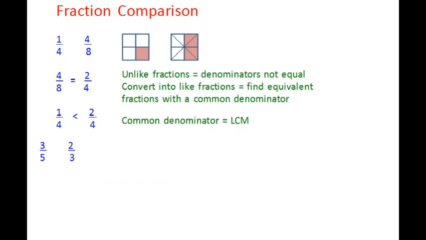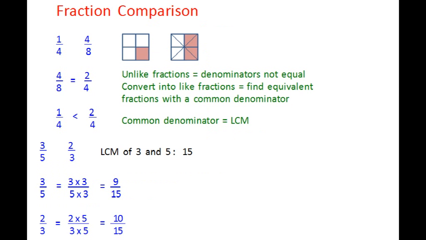First we have to find a common denominator. A common denominator here would be its LCM. LCM of 3 and 5 is 15. So now let's use this 15 as common denominator and let's find equivalent fractions for 3 over 5 and 2 over 3. So for 3 over 5, we know that the LCM is 15.